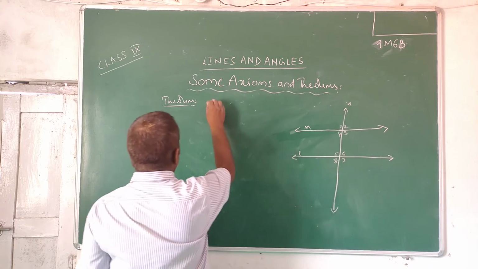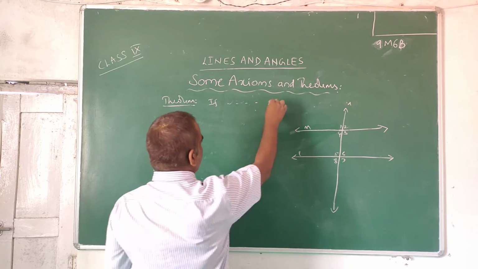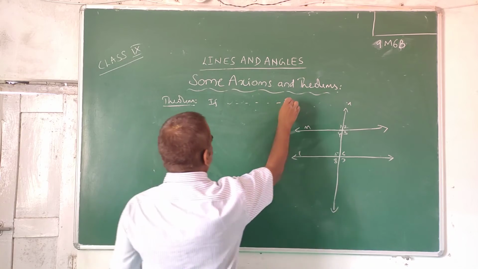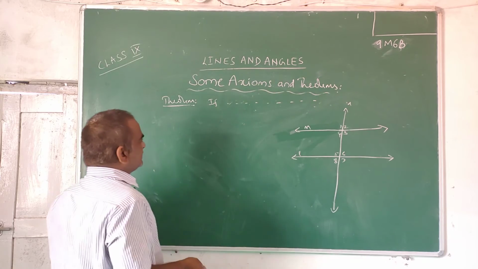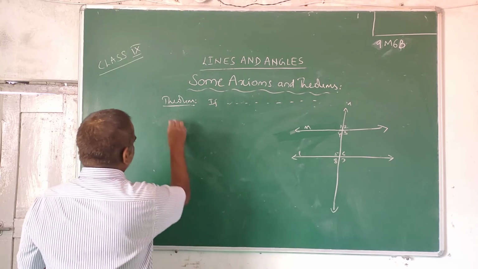This is the theorem. If a straight line is intersecting a pair of parallel lines, then the alternate interior angles are equal. That is the theorem statement. I am just reading, not writing, to save some time.